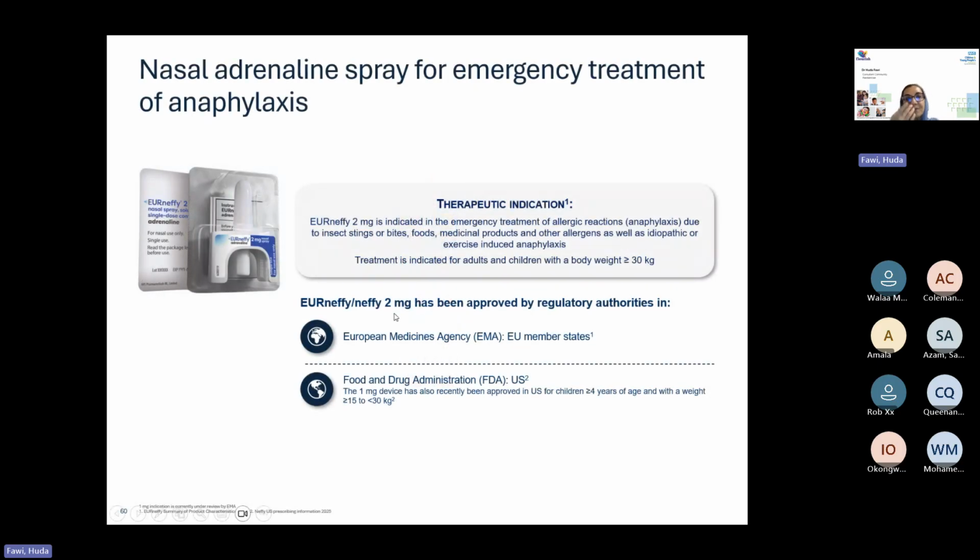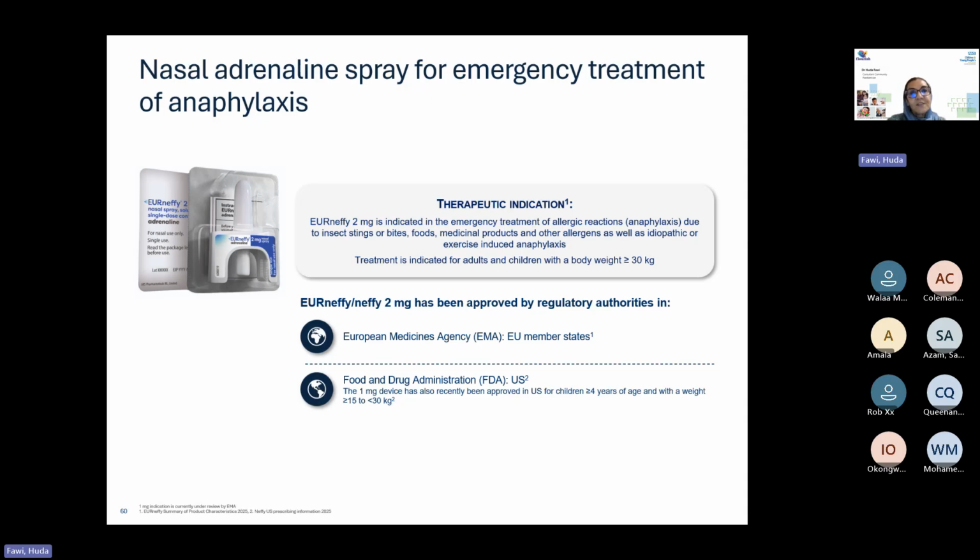I think some areas are talking to the ICBs about getting them on the formulary. So it is easy. You use it in the nose, a squirt, and that's it. And if it needs to be repeated, it can be repeated in the same nostril in about 5 minutes.